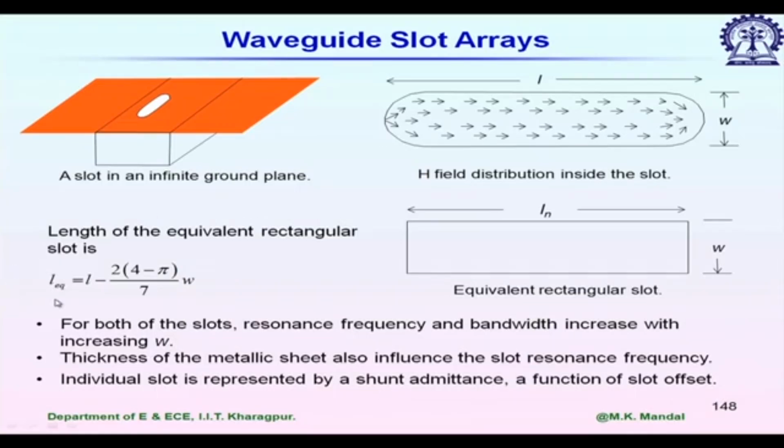It can be represented by an equivalent rectangular slot whose length is given by L equivalent = L minus 2 into (4 minus pi)/7 into W, where L is the length of the slot and W is the width of the slot. Once we have this equivalent length, then we can use all the formulas derived for the rectangular slot structure.